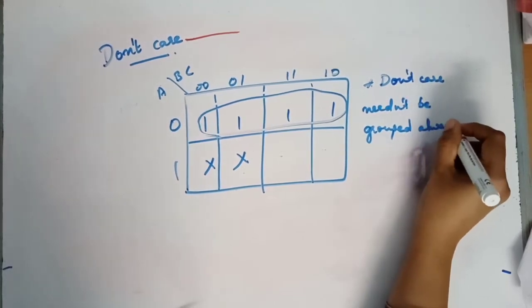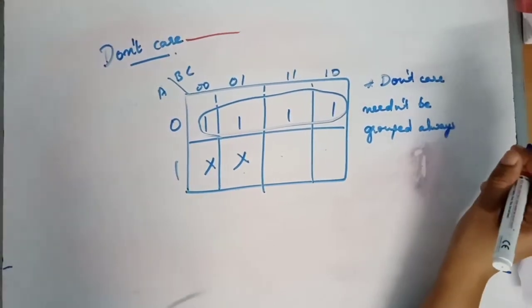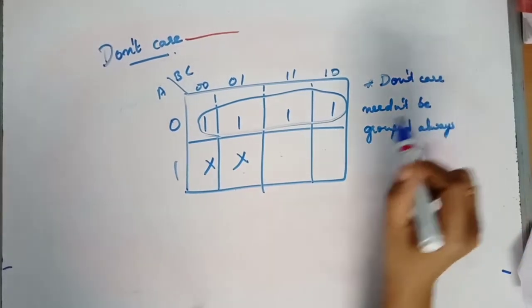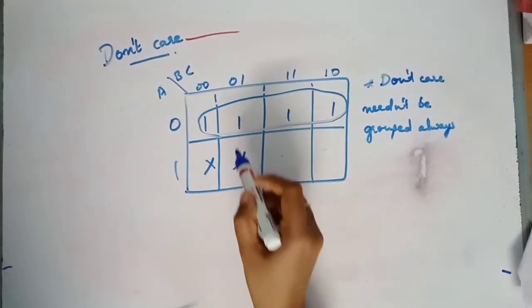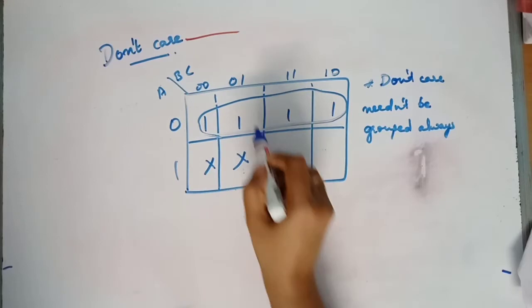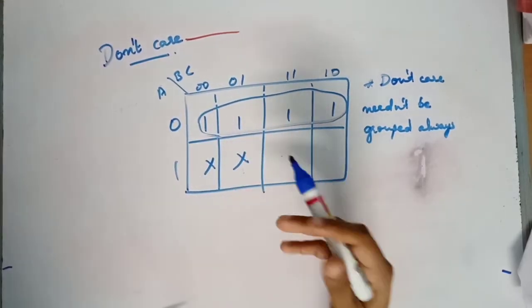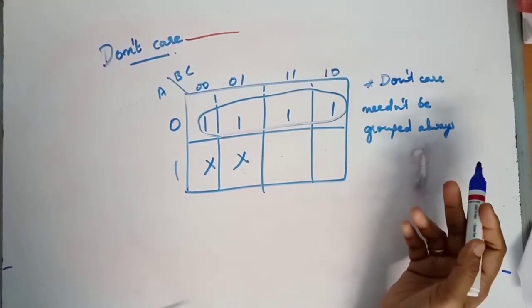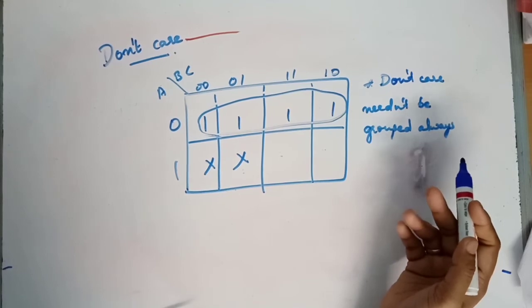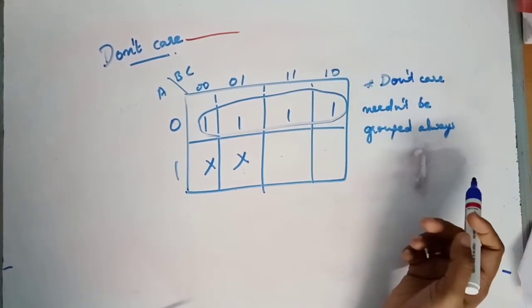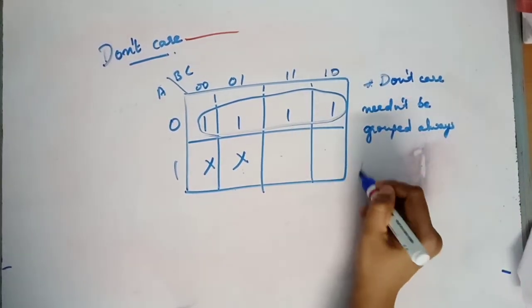Group it only if necessary. Okay. Just because these two don't cares are there, don't make another group like this. That will only increase the number of terms, thereby increasing the number of gates. So this is the answer, and the answer is A bar.